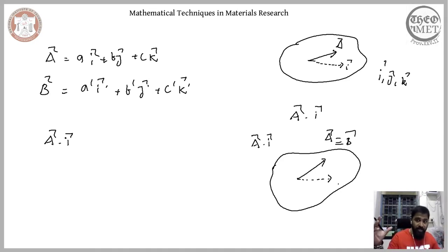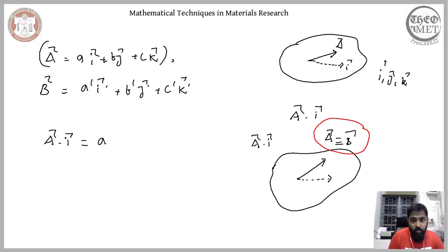Now in this new space, I've introduced my B space into the new space in such a way that my A vector is equal to that of the B vector. So this means my dot product of A vector dot I vector should be equal to my A. So if I take A vector here and take its dot product with respect to I vector, I will find that only the first term survives, and all the rest of the terms vanish.